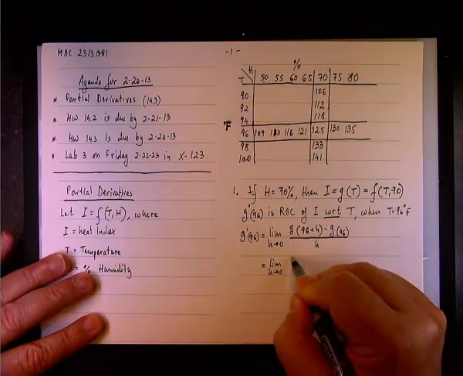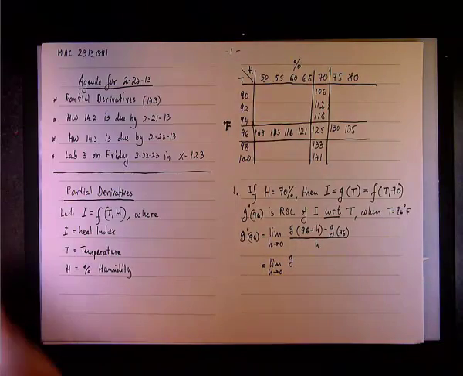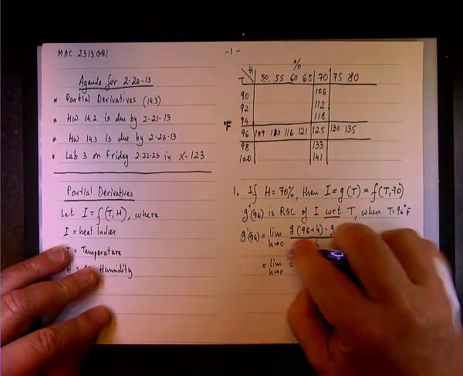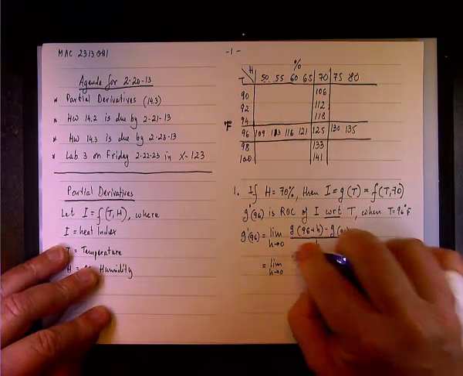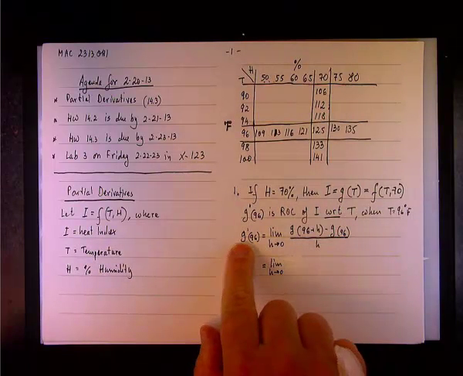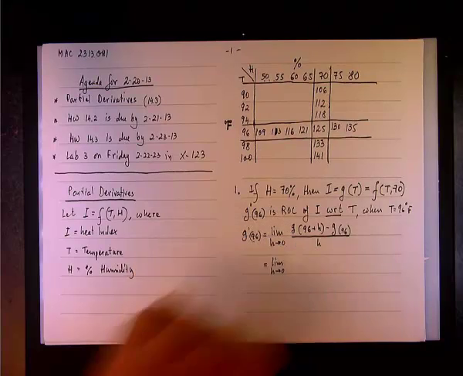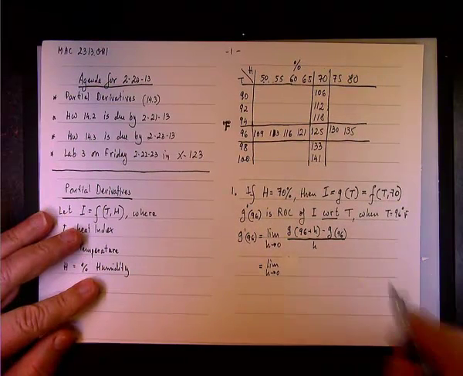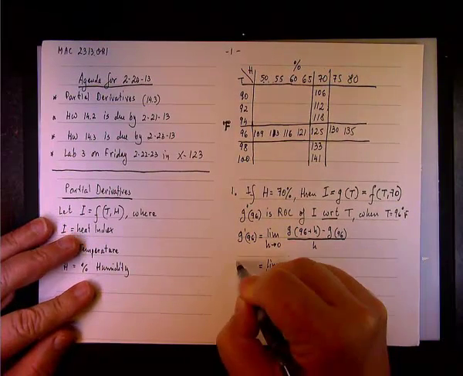What we can write here, instead of this one, we can write it as the limit as h approaches 0 of not g but f, because I want to use the two variable notation.